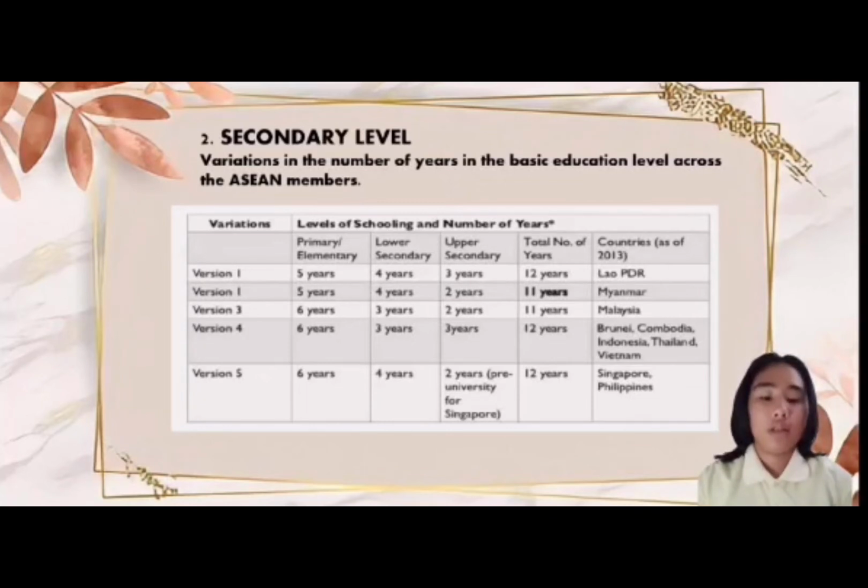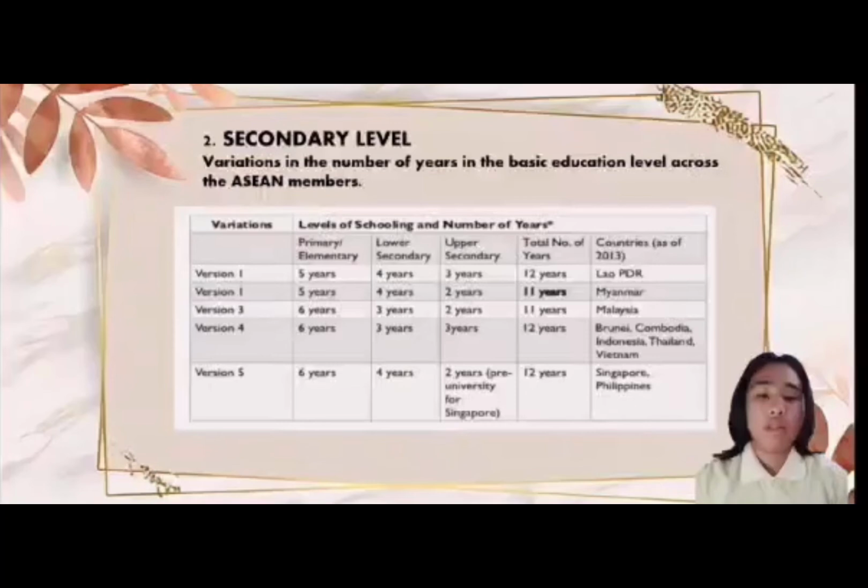So as you can see in the table, variations in levels of schooling and number of years. So in country as of 2013, in Lao PDR, version 1, primary is 5 years, lower secondary is 4 years, upper secondary is 3 years, and total of 12 years.